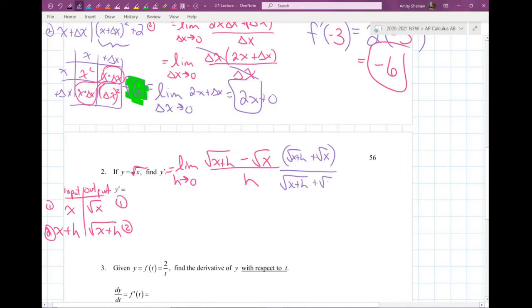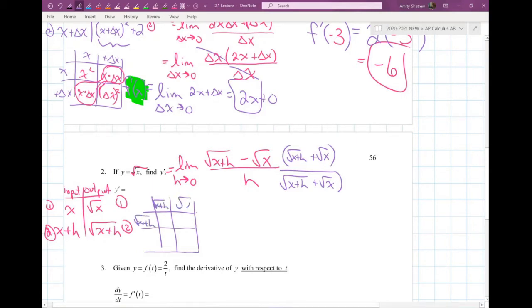This is hard to remember. But with that difference quotient, I'm not trying to do the multiplying in the denominator. Remember, on top, I'm just trying to get these two things to simplify out an h that I could then cancel. So I have the square root of x plus h and the square root of x plus h.